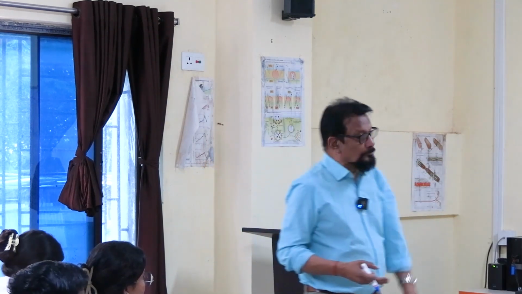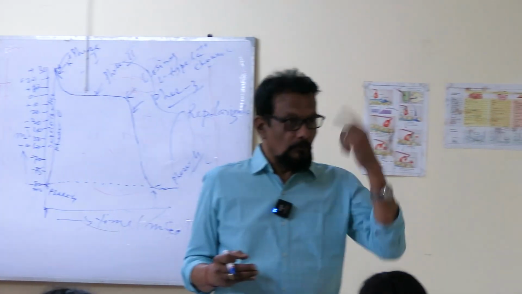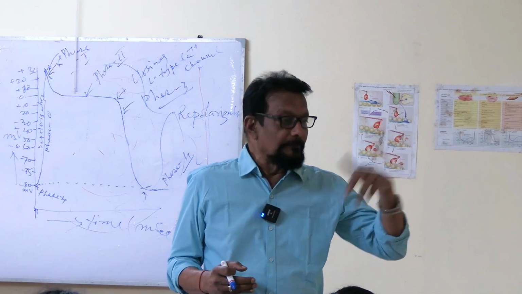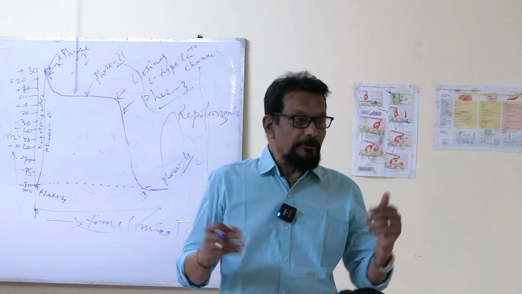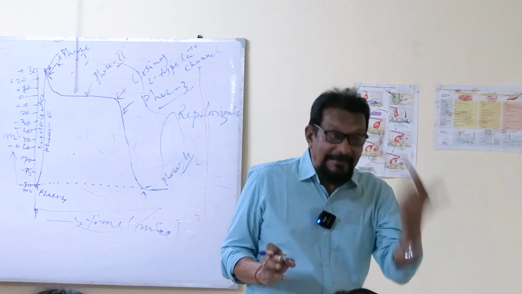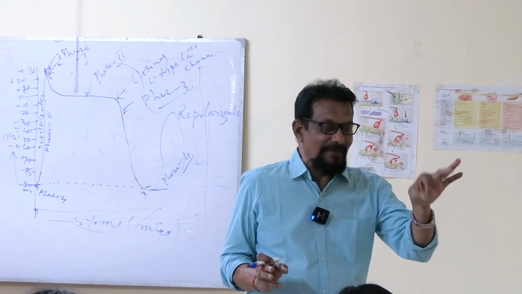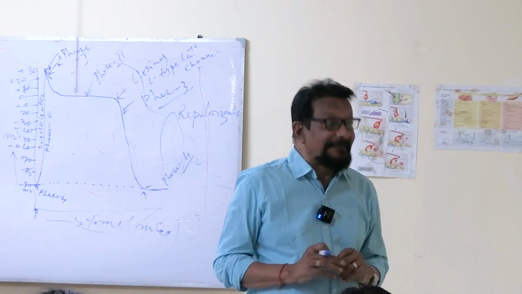As a result, there is repolarization. And ultimately when it comes to the resting level, the ions go back to their original position, meaning there is redistribution of ions. Now this cardiac muscle is ready to take another stimulation.